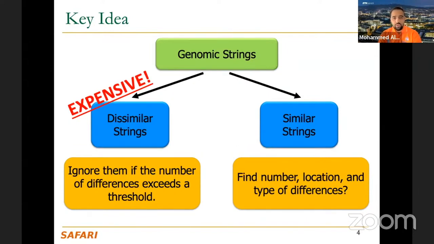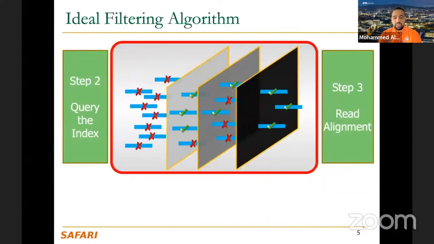So it's always better to perform the minimal amount of computation needed just to identify whether the pair is dissimilar or similar. If it's similar, there is no way to escape the computation needed for that, because anyway we need the optimal number of edits, the exact type of edit, and the location of these edits.